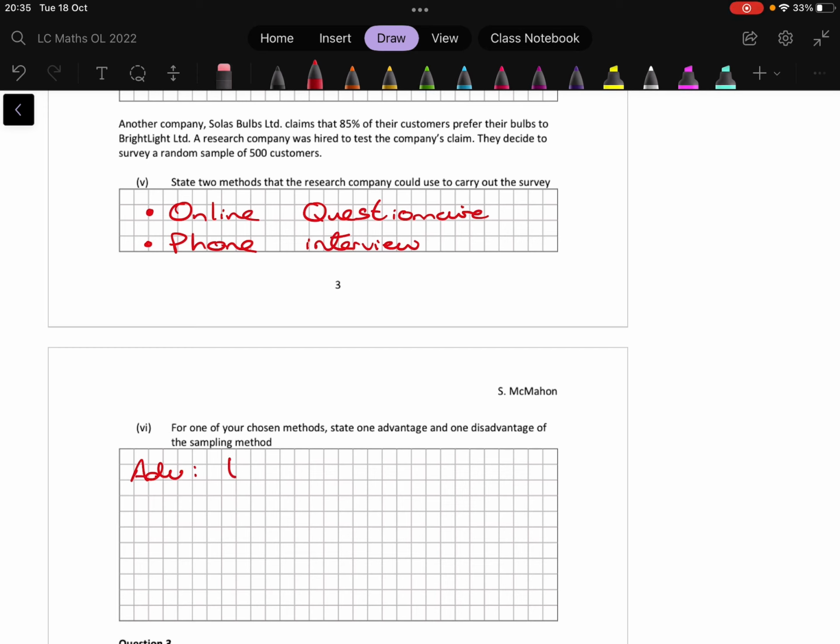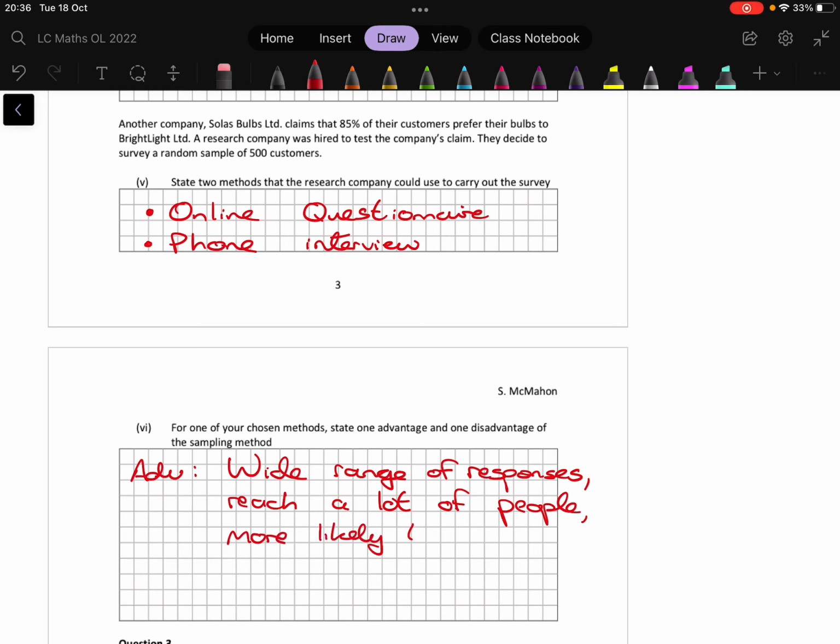Okay, because it's a random sample, we should be able to get a wide range of responses, or reach a lot of people. So a wide range of responses, we can reach a lot of people. They might be more likely to answer. So these are a few sample options. That's a good one there. They might be more likely to answer than a phone one.